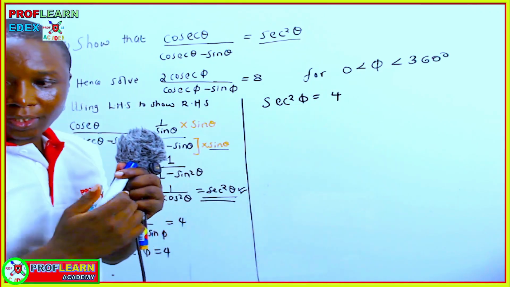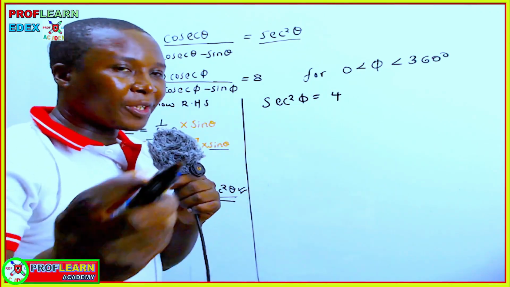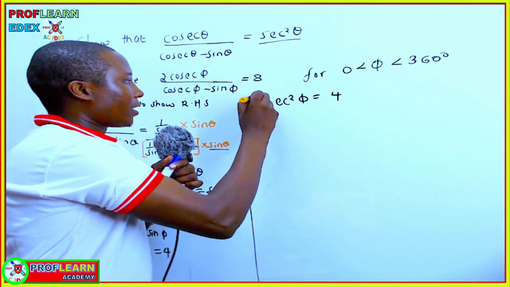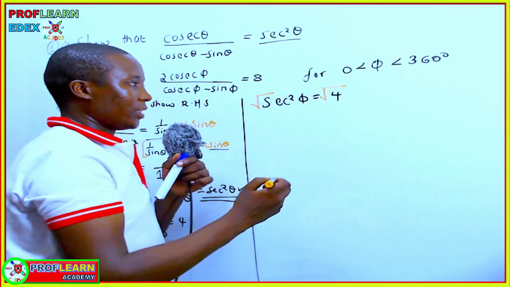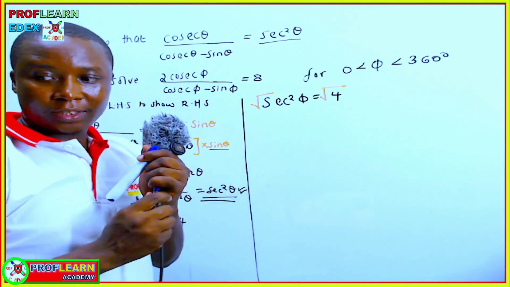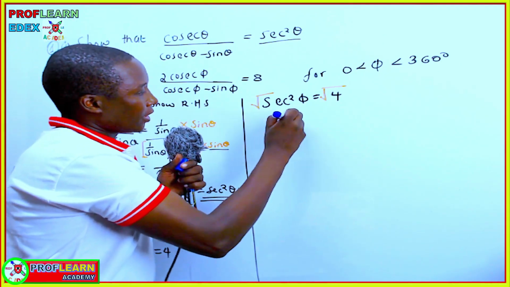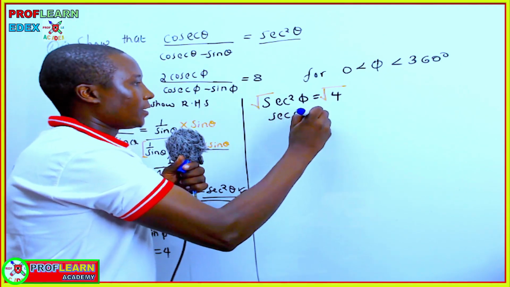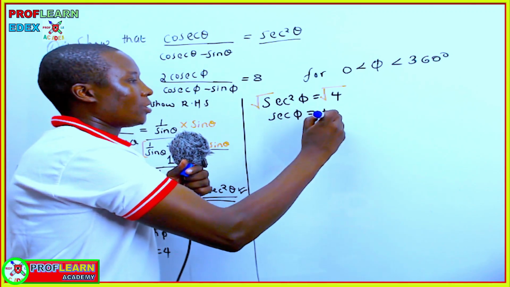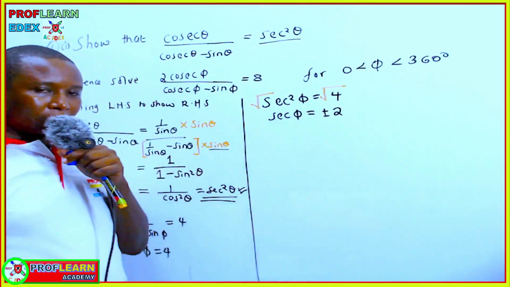Now, once we have sec squared phi equals 4, in order to work out this question, we are going to find the square root of both sides. So at the end of the day, we are going to remain with sec phi equals plus or minus 2, right?